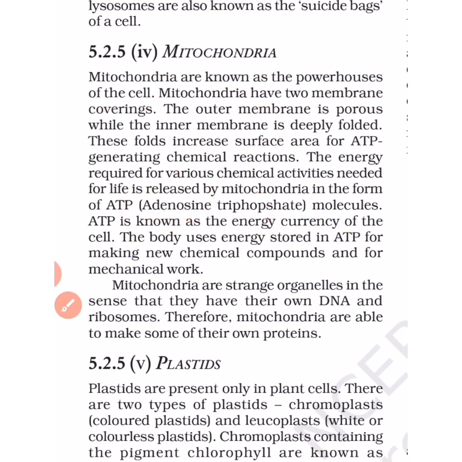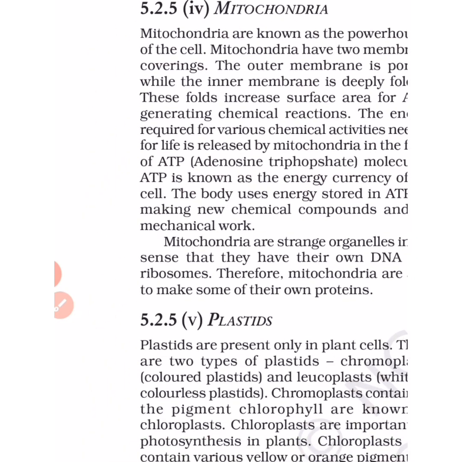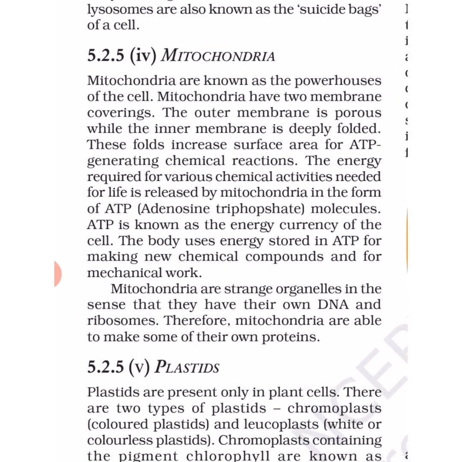For every work we do, we need energy. That energy we get in the form of ATP, and that ATP is stored in the mitochondria. That is why it is known as the powerhouse of the cell. Mitochondria is also a double membrane bound organelle.